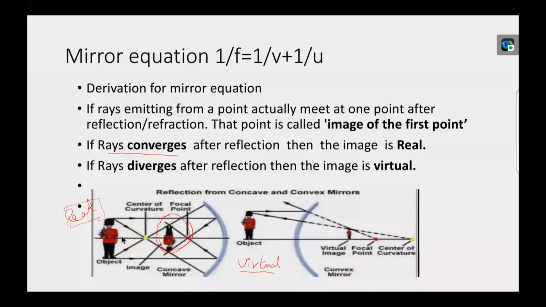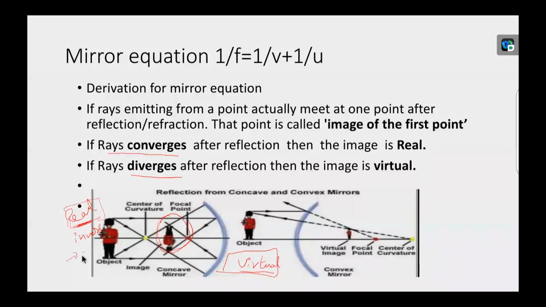So, in concave mirror, except in one condition, in the remaining cases, the rays converge and form a real inverted image. Whereas in convex mirror, because of divergence of reflected rays, we will get a virtual image. In concave mirror, we will get real inverted.